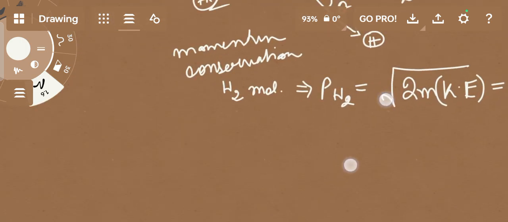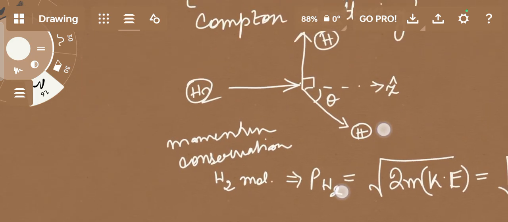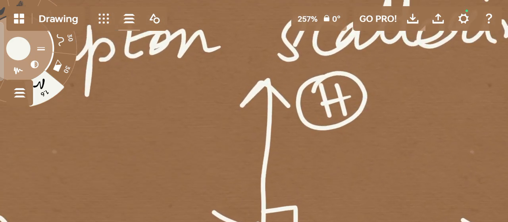Now we have to find the linear momentum of the atom which is moving perpendicular, that is this one, right? This one we need to find the momentum.